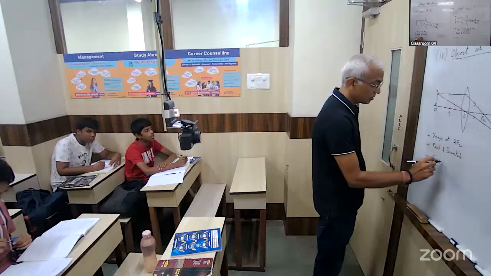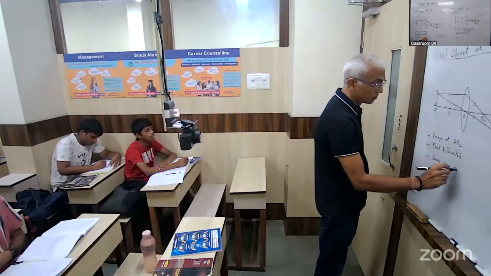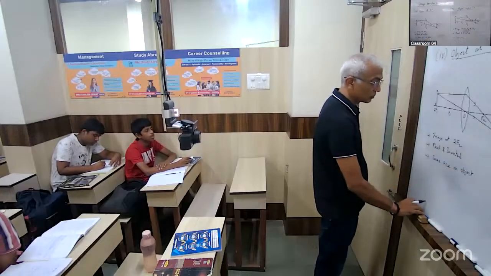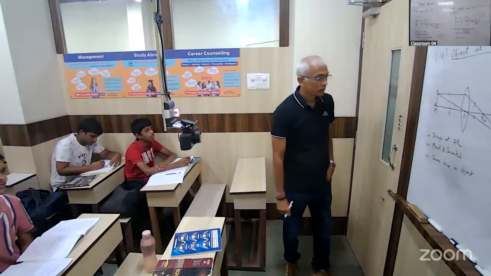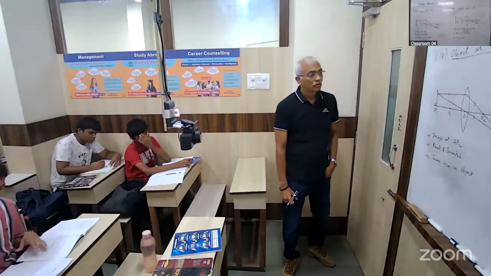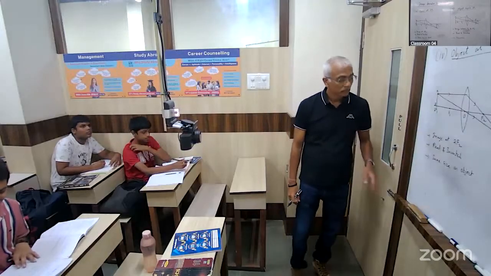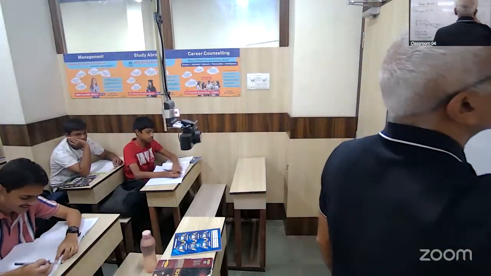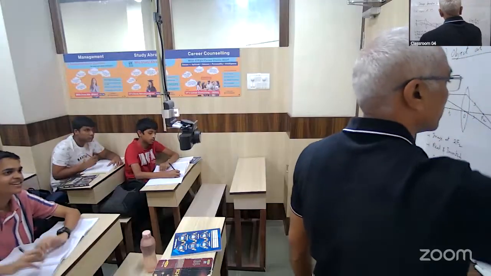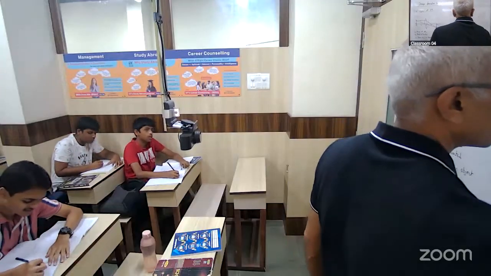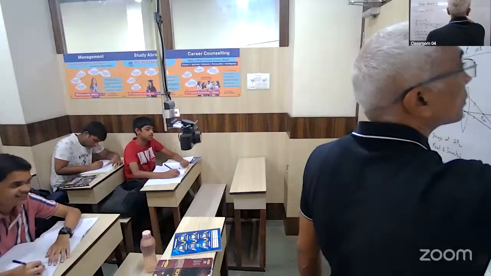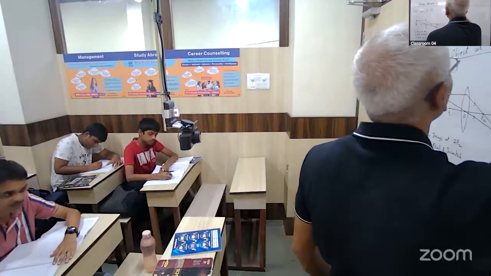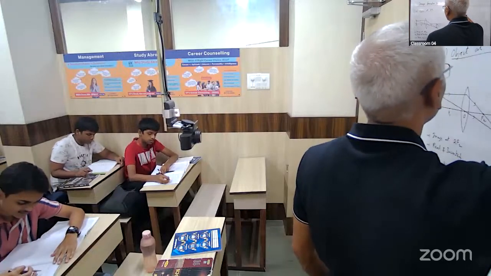Same size as the object. ठीक है, so ये हो गया, then फिर object between 2F1 and F1.